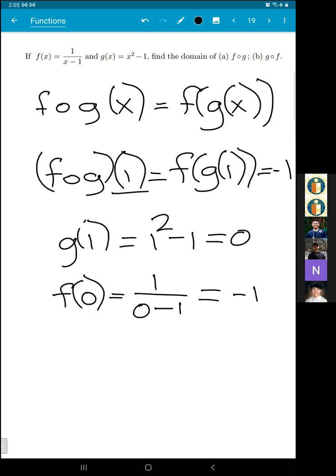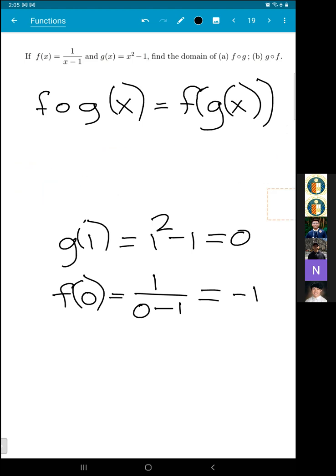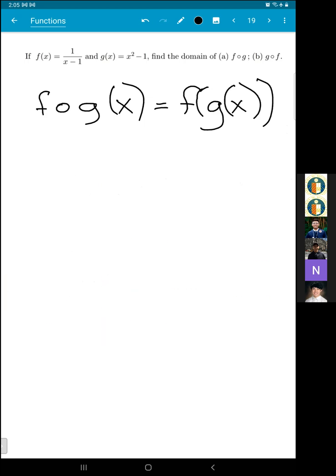Of course, you can use any other variable to denote the formula, like t or s or any other letter you prefer, but usually in mathematics, we use x to denote the independent variable. So how do we express f of g of x in terms of the variable x? How do we do that? Anyone? Okay, 1 all over x squared minus 1 quantity minus 1.